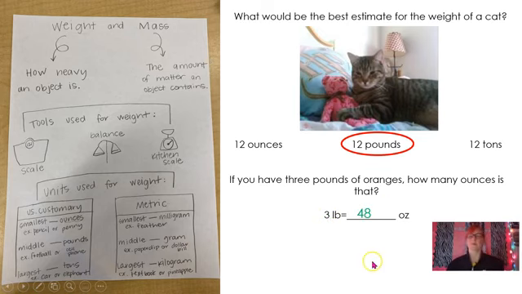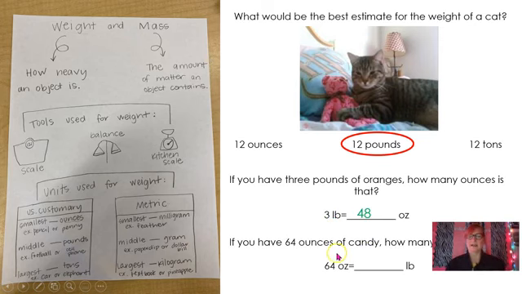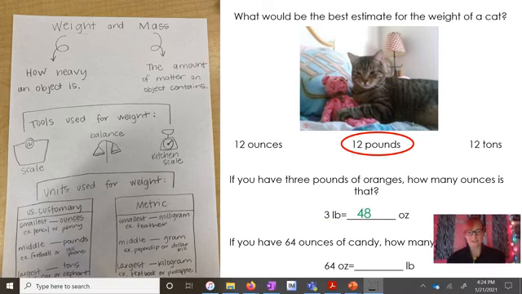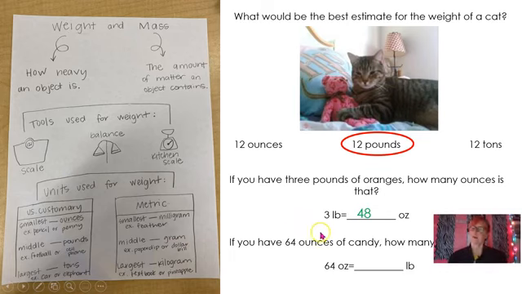And that would be 48. Now, if I have 64 ounces of candy and I wanted to know how many pounds that would be, I would have to do 64 divided by 16, or I could count how many 16s does it take to get to 64, and that would be 4.